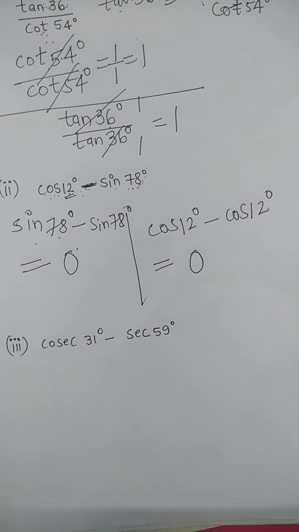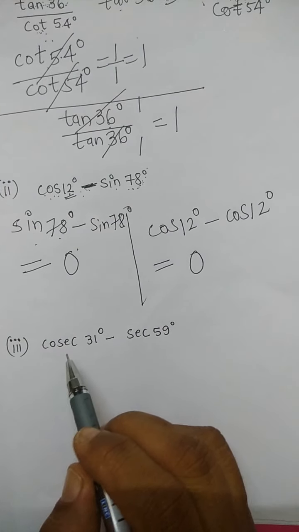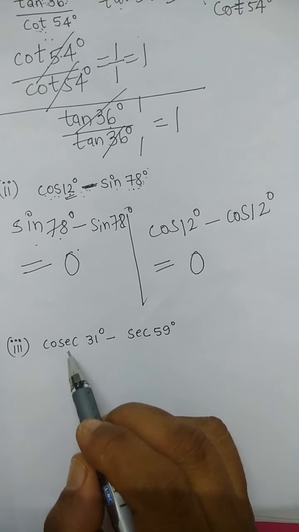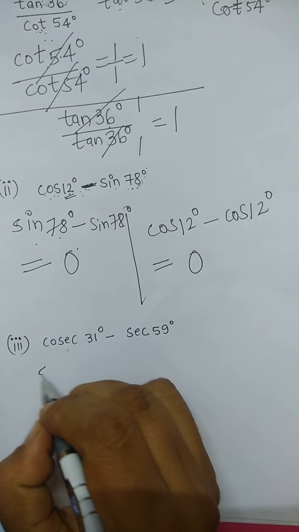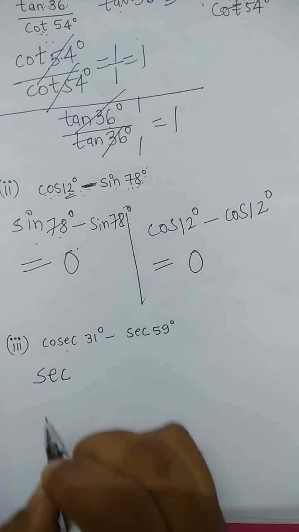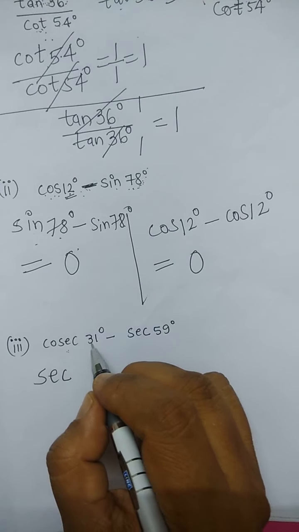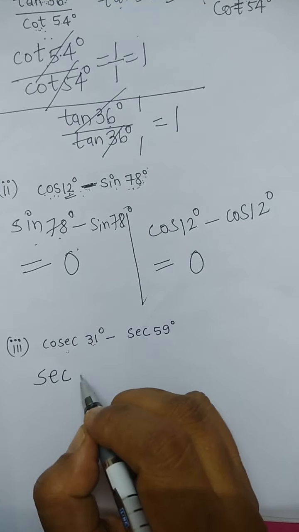Third one. Come on, tell me. What is the complementary ratio of cosec? Yes, sec. Okay. And 31's complementary angle? 59 degree. How to find complementary angle? This one you write as it is.